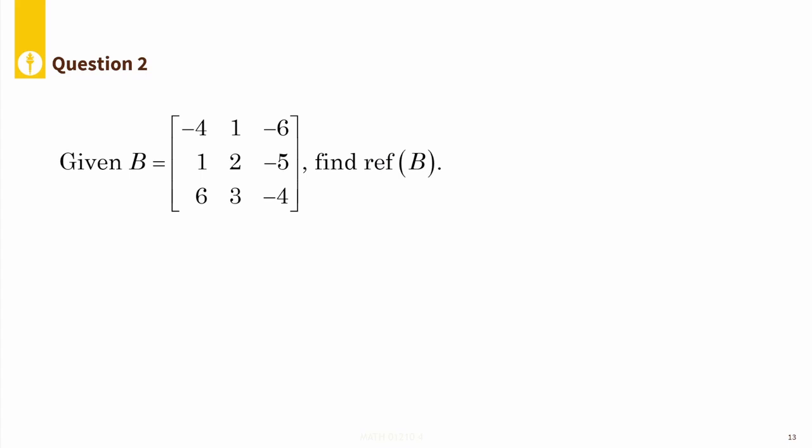Same questions, just shown differently here. I'm just asking for REF of B, which is the same as saying put B into row echelon form, which means the process is going to be the same. Notice that there was no restriction on the matrix for REF.